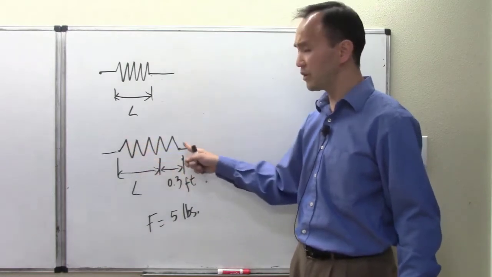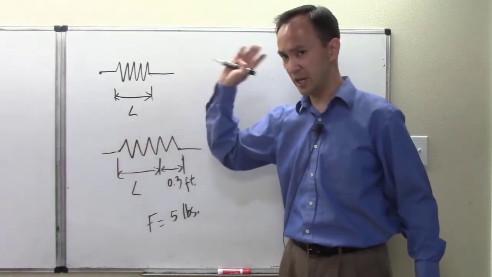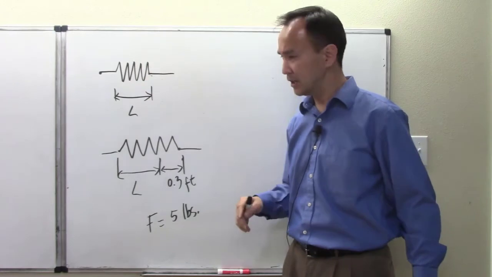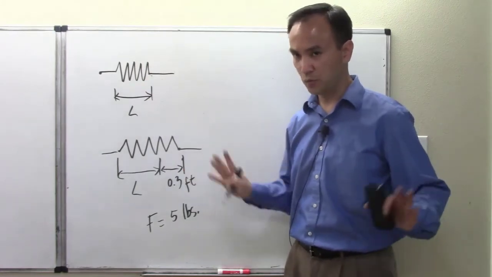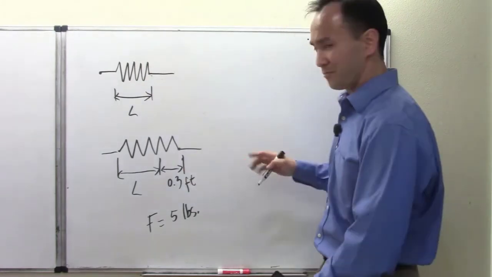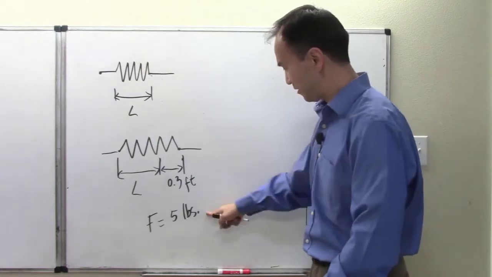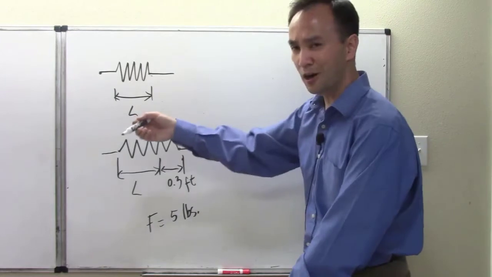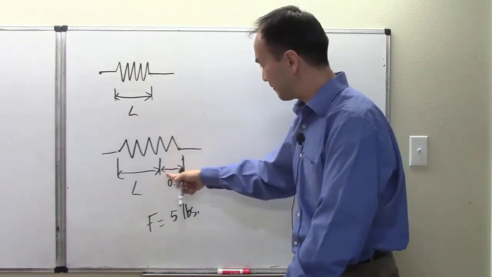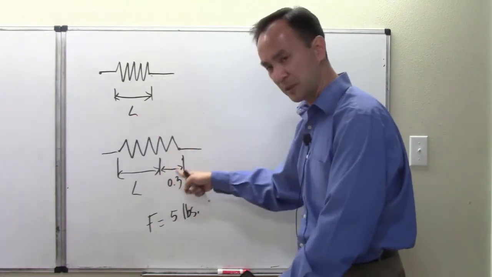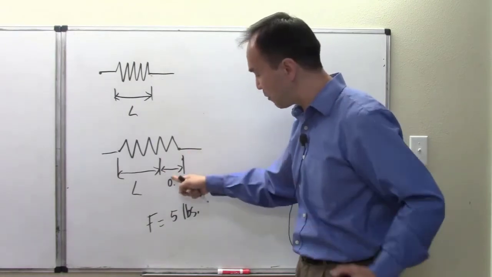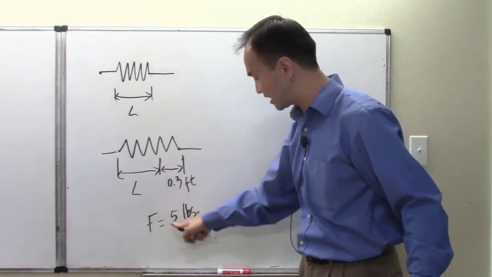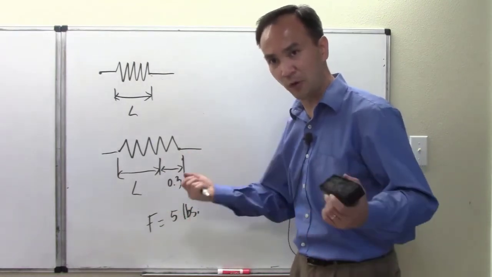We don't know what kind of spring that is. Is that a steel spring, or a rubber spring, or whatever spring that is? We don't know yet. Everything we know at this point are these two given values, and one more piece of information: Hooke's law says the amount of force. We know that when we stretch it out to 0.3 feet beyond its natural length, it takes 5 pounds of force.